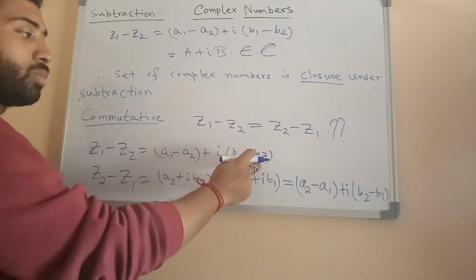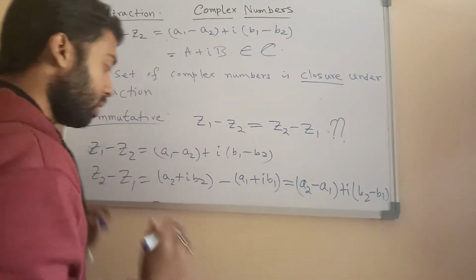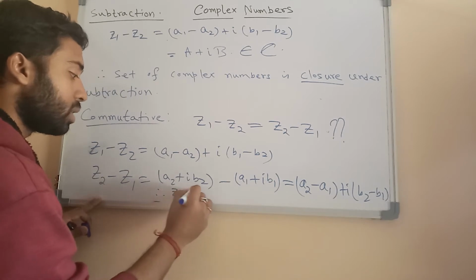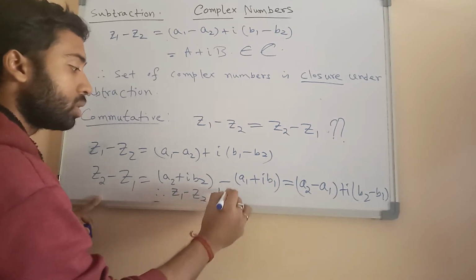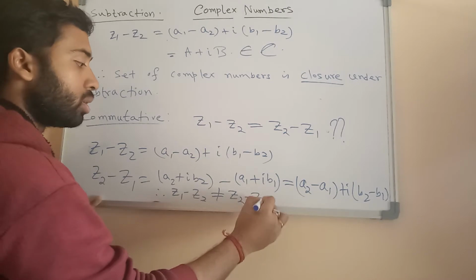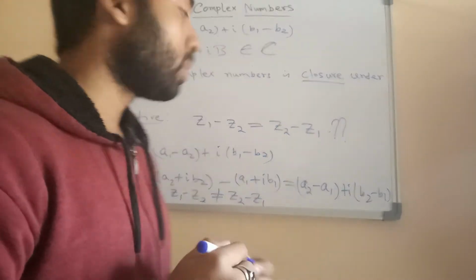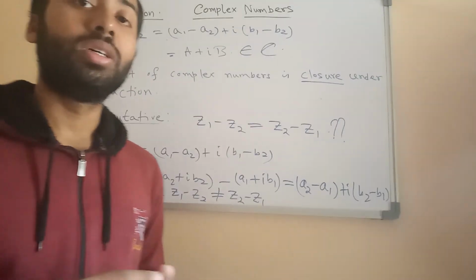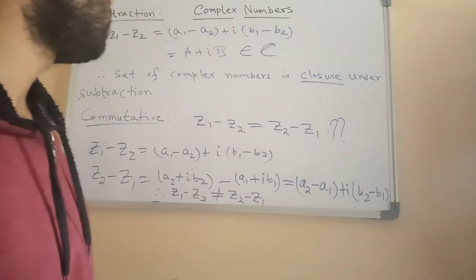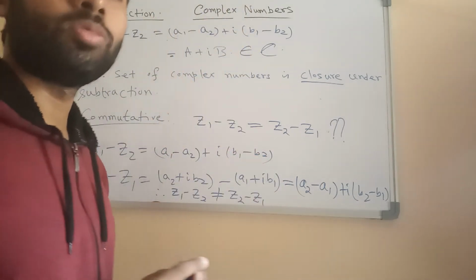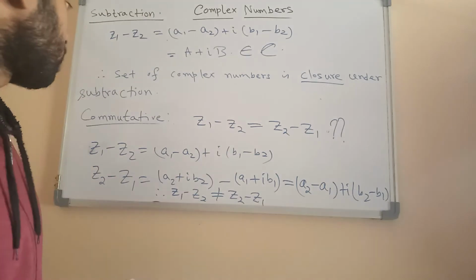Imaginary part was b1 minus b2, here it is b2 minus b1. Therefore we can say z1 minus z2 is not equal to z2 minus z1. So the set of complex numbers is not commutative under the sign of subtraction.